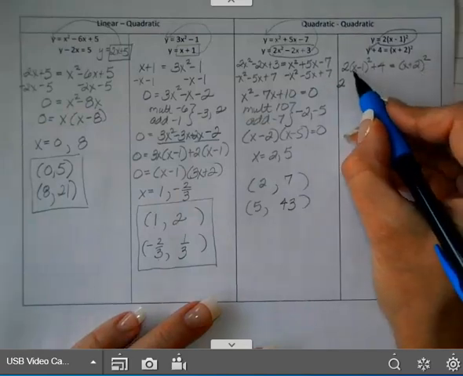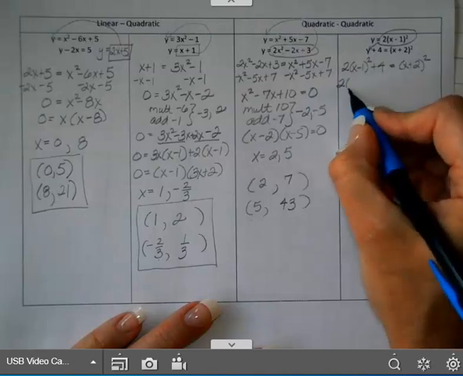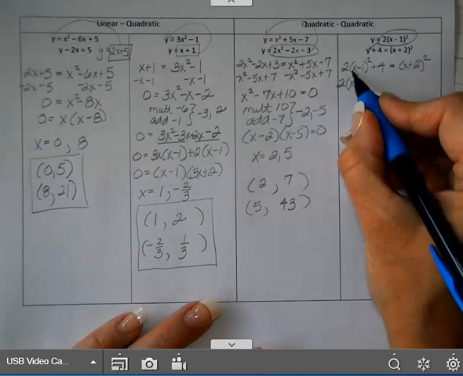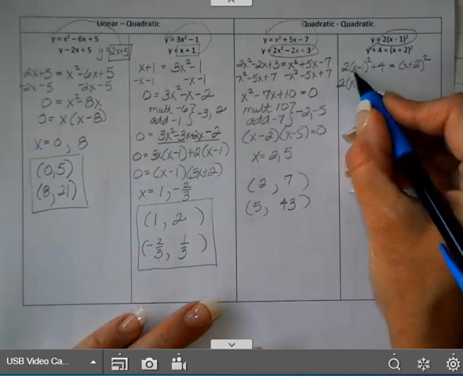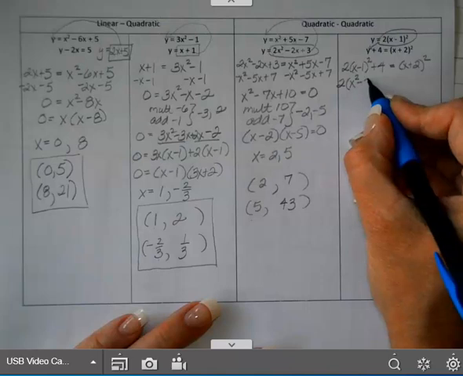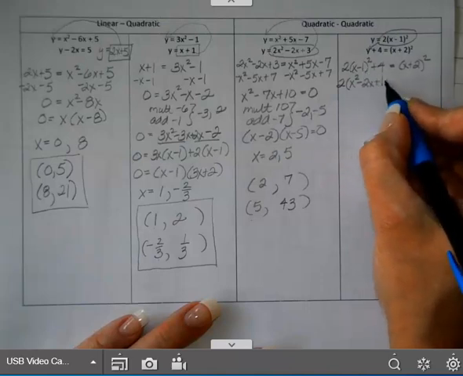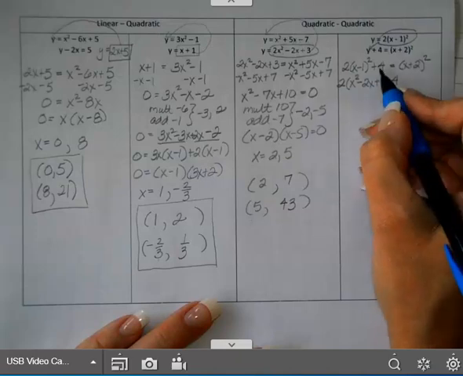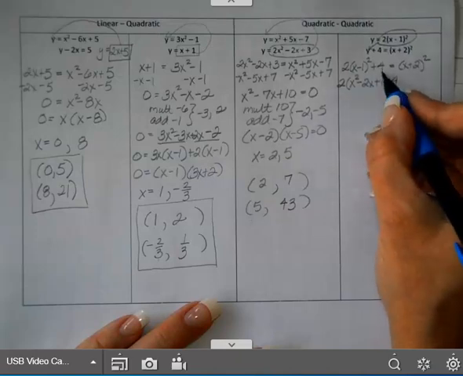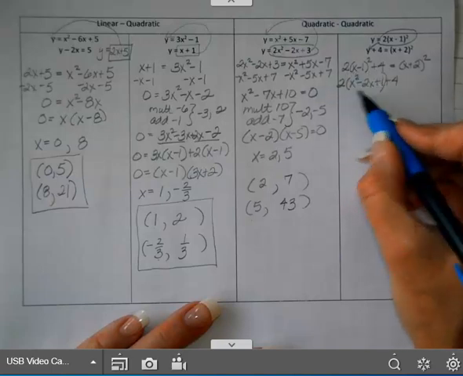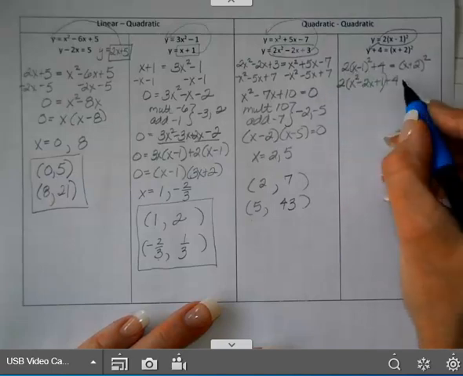This is a perfect square trinomial, so I'm going to do square, double, square. You could FOIL it out if you want to. So square the first term, multiply those together and double it, so that'll be minus 2x. Square the last term, that gives you plus 1. And I still have that plus 4 on the outside. So this is multiplied by 2. That 4 was not multiplied by the 2.